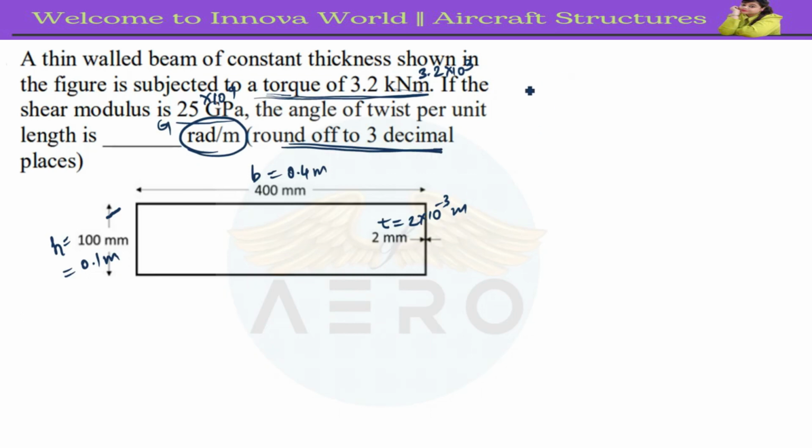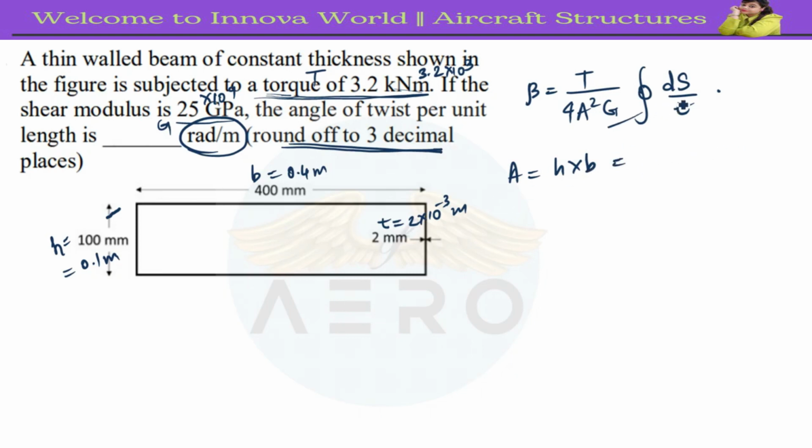Now here you have to find out the beta value. Now what is beta? Beta is T by 4A squared G, closed integral of ds by t. This is a formula, right? Here you need not use the Q formula because torque is already given. Area, what will be the area? Area is only H cross B. You will find out the area.